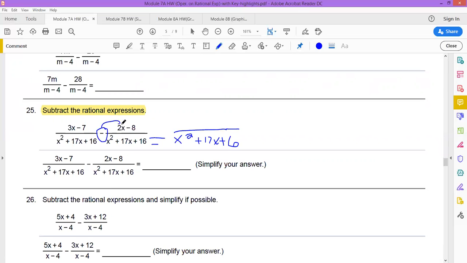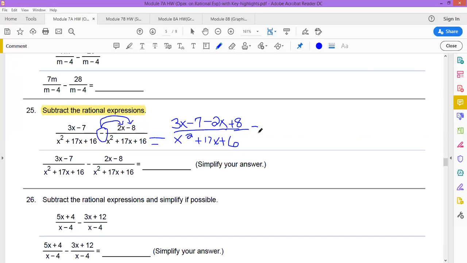So subtracting is a little bit more work than adding because subtraction will impact the sign of the second terms. So 3x minus 7 in front will stay the same, 3x minus 7. And then minus 2x, that will become a negative 2x, minus negative 8, that will become a positive 8.